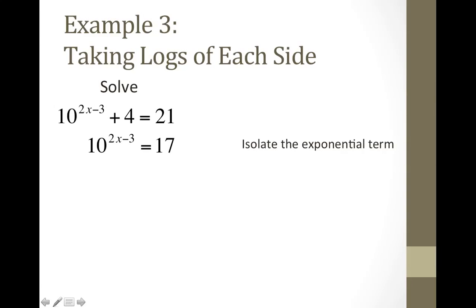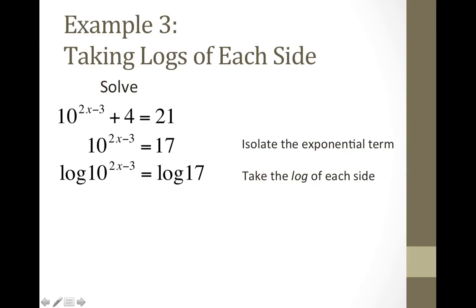In this case, we cannot rewrite our numbers to have the same base, and so we're going to take the log of each side. And in this case, we do specifically want to use the common log because we have a base of 10. And by using the common log, we know that also has a base of 10 right here.